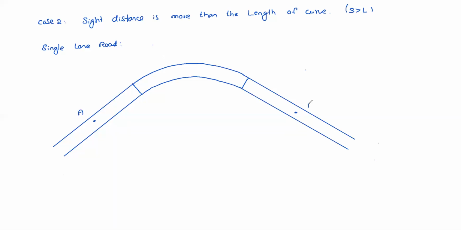Suppose this is AB. See, this is the length of the curve, L. Sight distance now is this one, this total together, S actually.